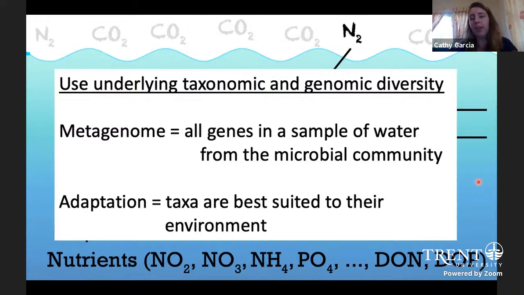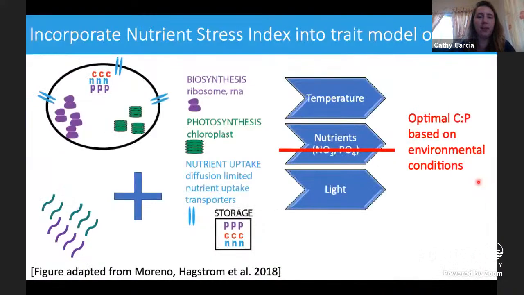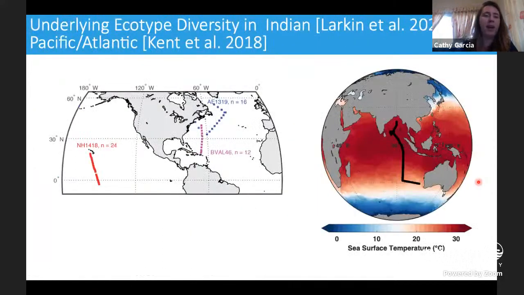So we're working on the assumption that the taxa present in the metagenomes are the taxa that are best suited to their environment. So from this, instead of just having nutrient concentrations, we developed a nutrient stress index instead. I'm going to talk a little bit about how we developed that.